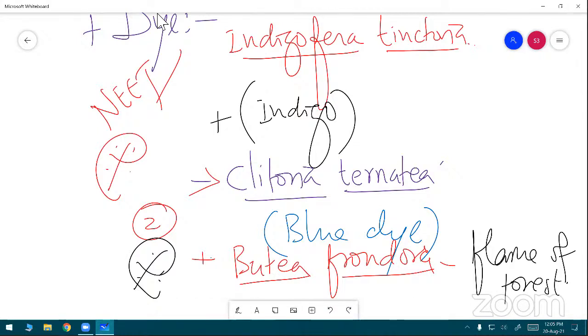Due to the blooming of the flowers of Butea frondosa in the forest, what will happen?